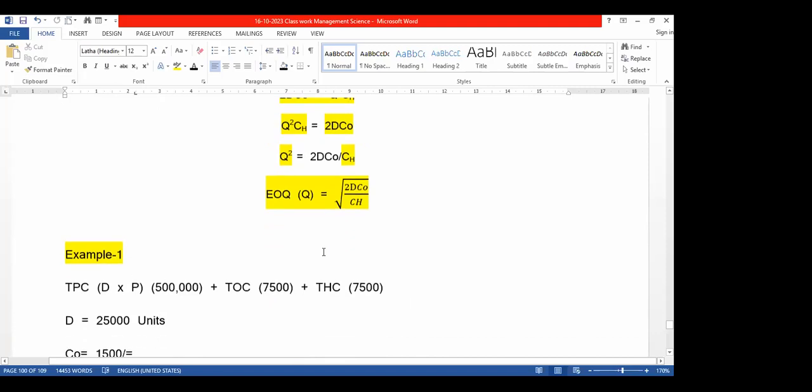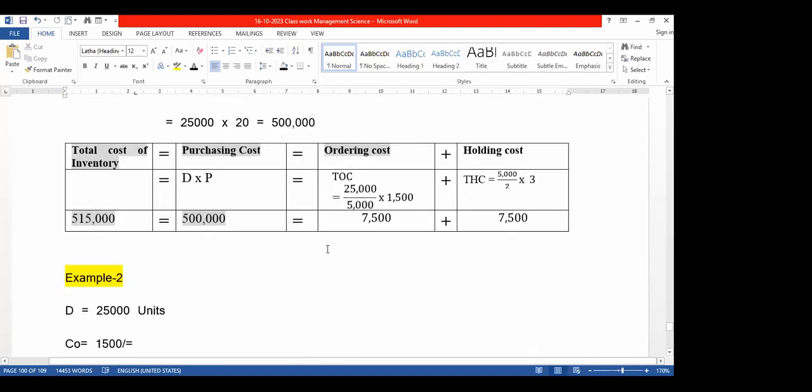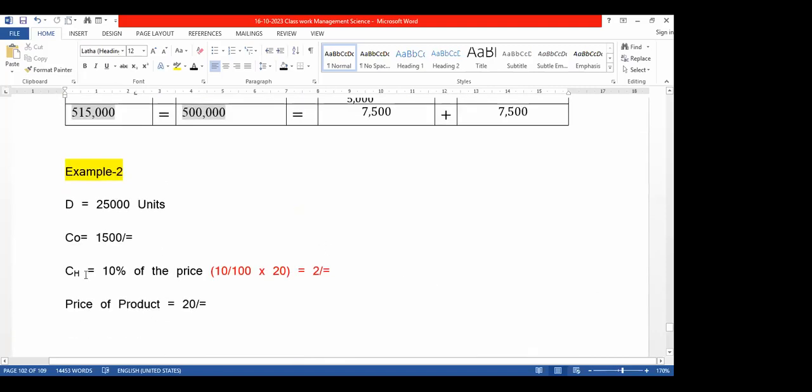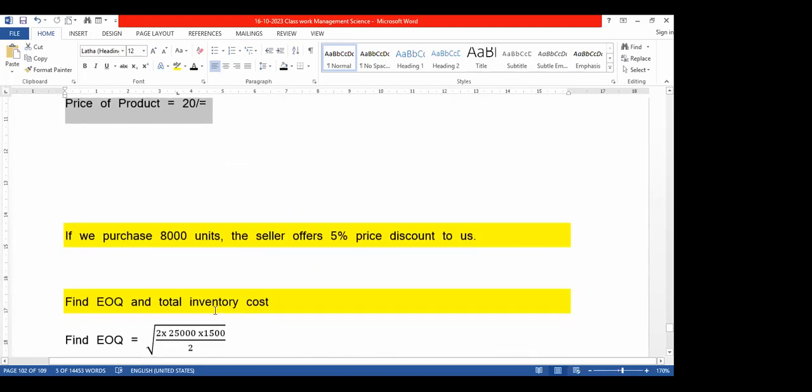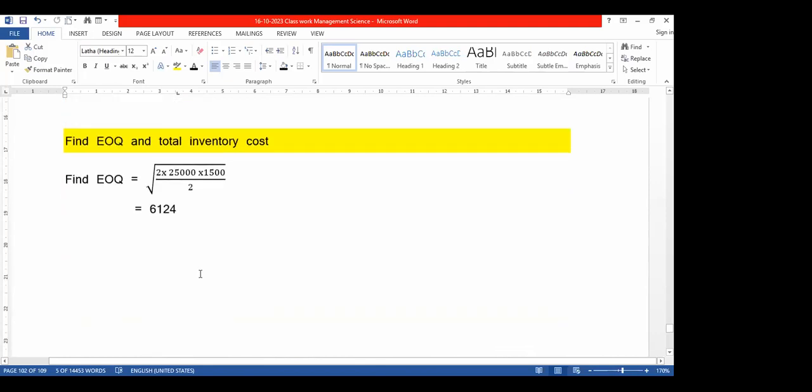Okay, right. So what is the answer for this one? Here the holding cost is given as a percentage of the price, not directly. So it is 2 rupees, 10% of the price is also given. So you can calculate. EOQ is 6,124.